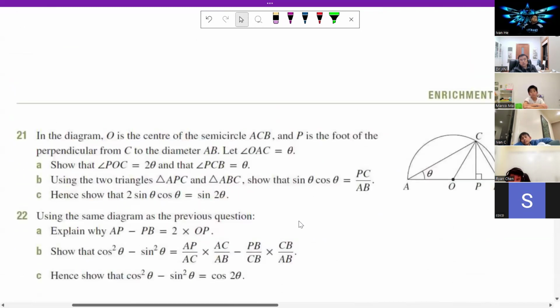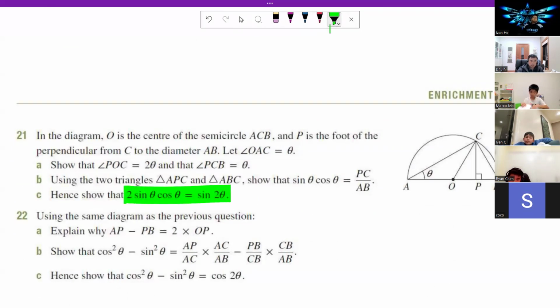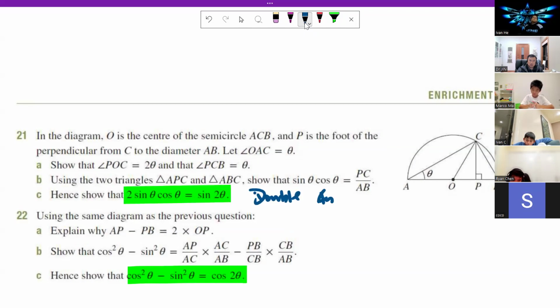All right, I guess we have other questions. Probably enrichment, I will skip, but the takeaway for enrichment is these two equations. These two equations are very important, you're going to learn them in the future. When we learn in the future stage, this becomes your compulsory knowledge. But not now. This is something we're going to learn in the future called compound angle and double angle. So this is the double angle formula.